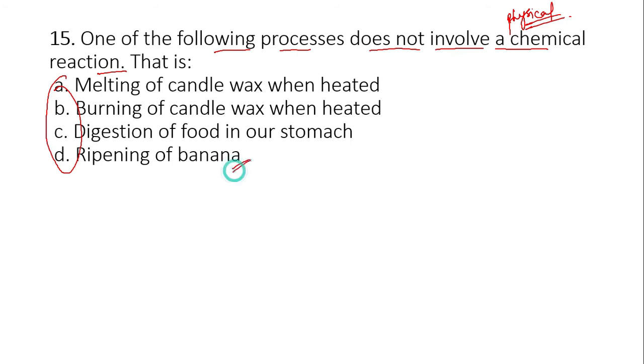Ripening of banana. If we see ripening of banana, there is actually formation of glucose, because it goes on getting sweeter and sweeter. Formation of glucose is a chemical process. Clear? What about digestion of food? We all know that in digestion, complex molecules like starch are broken down into simple molecules like glucose.